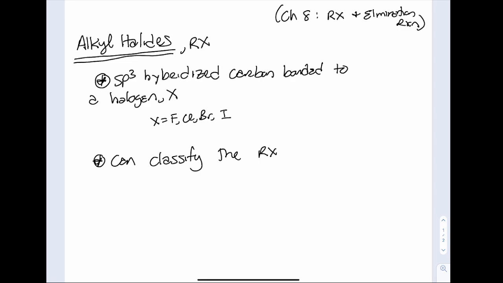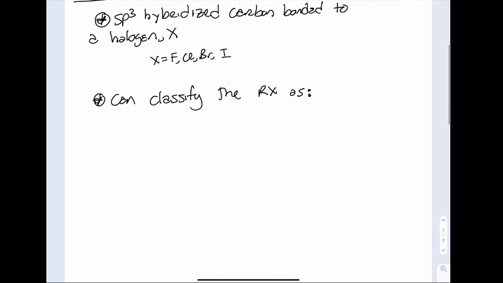Again, R being a carbon-based group, in this case, an sp3 hybridized carbon bonded directly to that halogen. So we can classify our alkyl halide as primary, secondary, or tertiary. So our first one, primary.